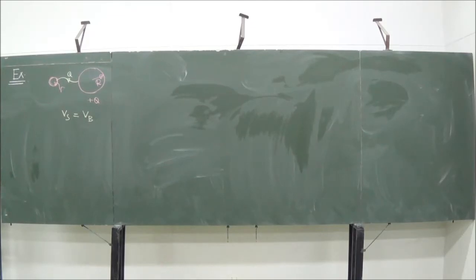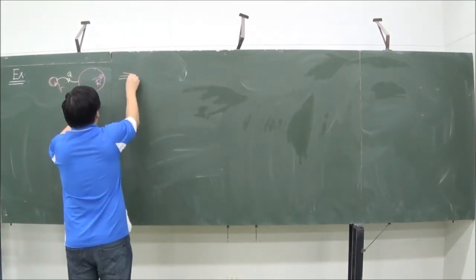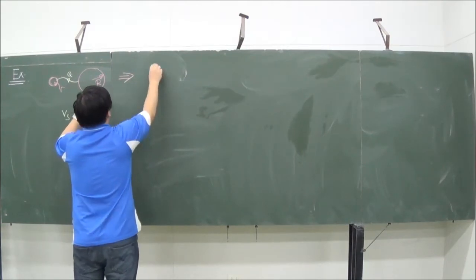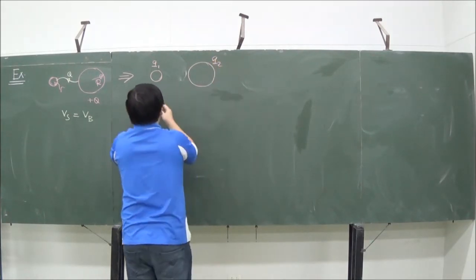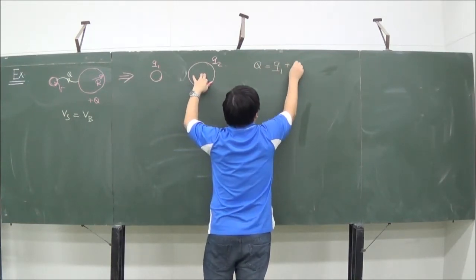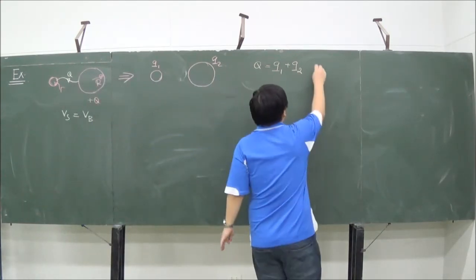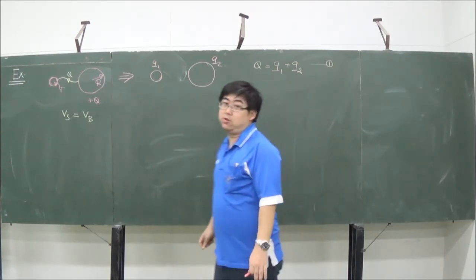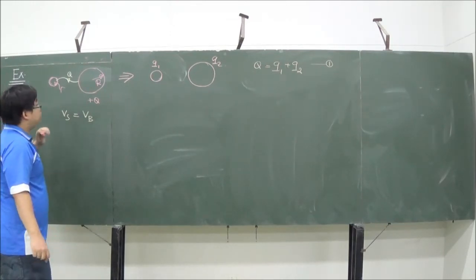In this system, if you turn to the final state where the small ball has charge Q1 and the big ball has charge Q2, we know that Q must be equal to Q1 plus Q2, and this is the first equation. What else do we know?